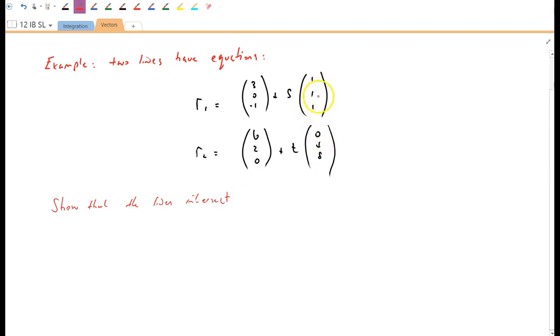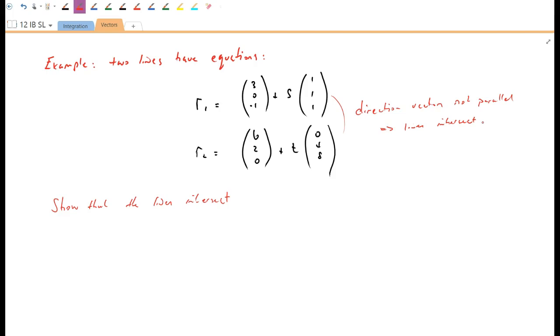Well, the direction vectors are not parallel, because they don't differ by a scalar factor. (1, 1, 1) and (0, 4, 8) are not parallel, therefore the lines intersect. Okay, so that answers the first part of the question. If they're not parallel, they'll intersect, so therefore we can find the point of intersection.